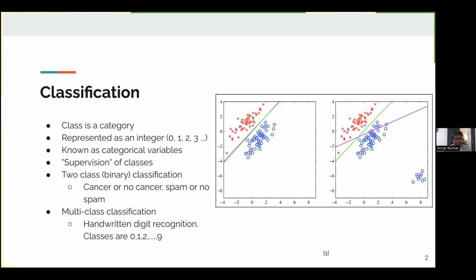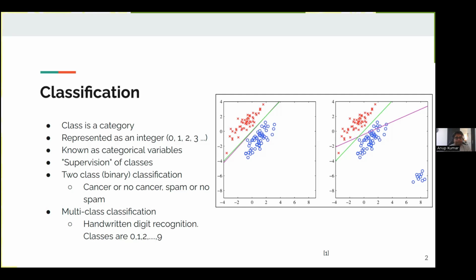The classification task can be of two types. It could be a binary classification when there are only two classes, cancer or no cancer, for example, or spam email or no spam email can be another example. It can also be multi-class classification when there are multiple categories in the dataset.